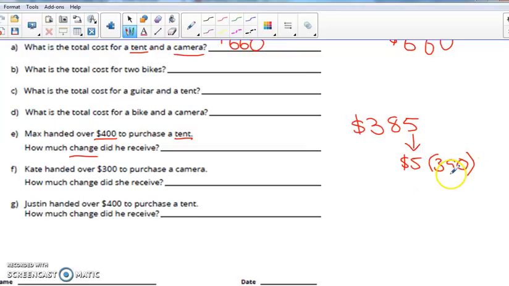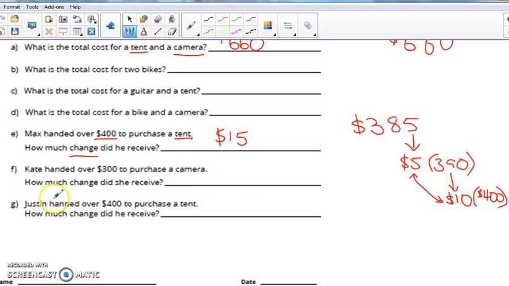From here, we can add on to the tens column. And that's obviously a $10 note. And that takes us to $400. So therefore, this and that together is our answer, and 10 plus 5 is $15.